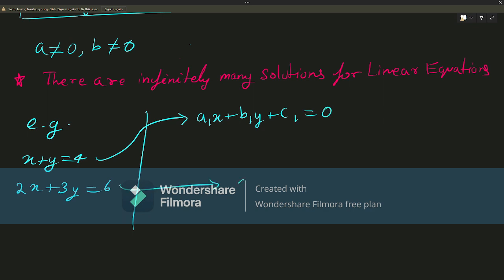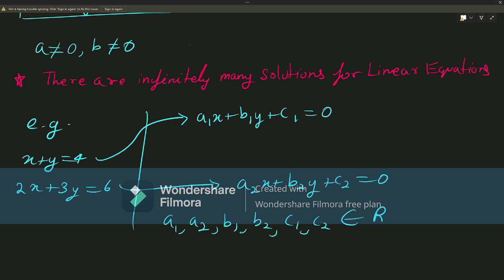And for the second one, it will be a2x plus b2y plus c2 equal to 0. Now, we can say that a1, a2, b1, b2 and c1, c2 all belong to real numbers.